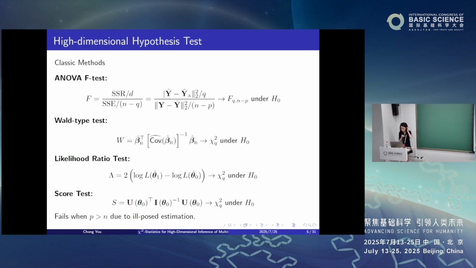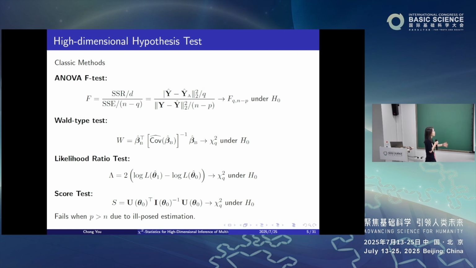In the low-dimensional setting, that is when p is less than n, there are a few popular methods that can be used for hypothesis tests. These are all covered in the undergraduate case. The first one is the ANOVA F test.